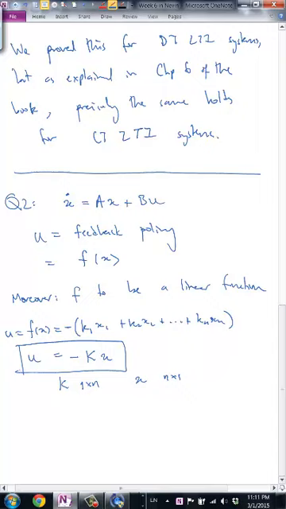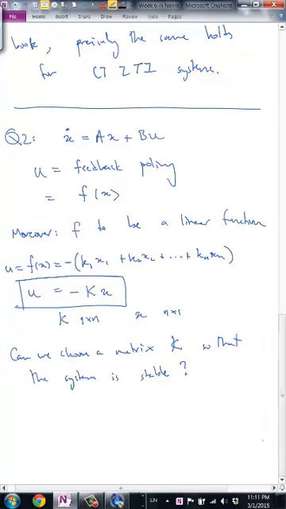So the question, Q2, question of linear state feedback, is, can we choose a matrix K so that the system is stable? And of course, this is most interesting when the autonomous system is unstable.